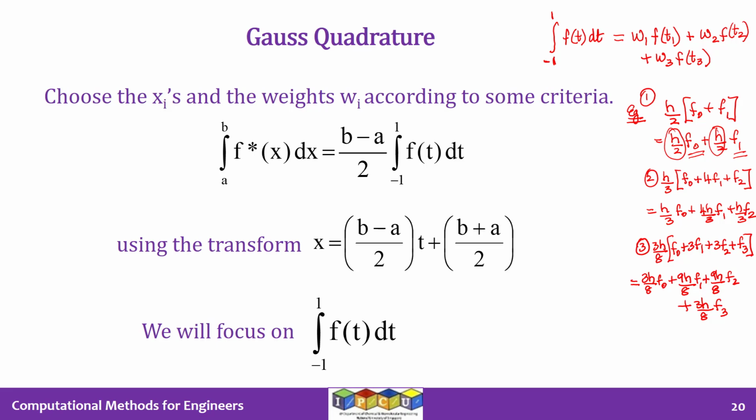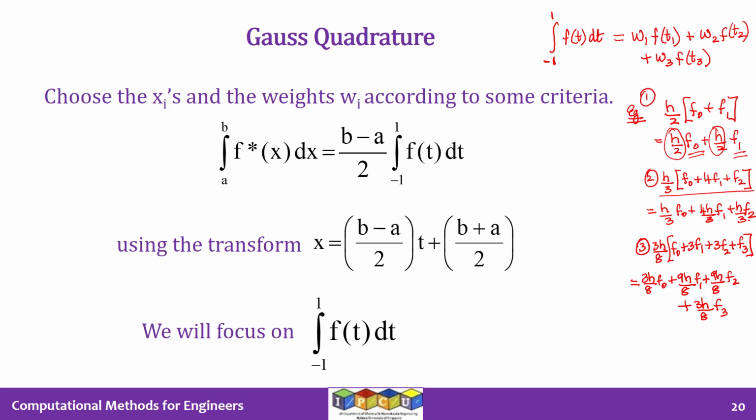Now when you come to Simpson's 1/3 rule, the integral is over a range x0 to x2. So x0, x1 and x2 are the three data points considered in the basic element, and then we derived this formula. Simpson's 1/3 rule gave us this result. So I can expand this into h by 3 f0 plus 4h by 3 f1 plus h by 3 f2.